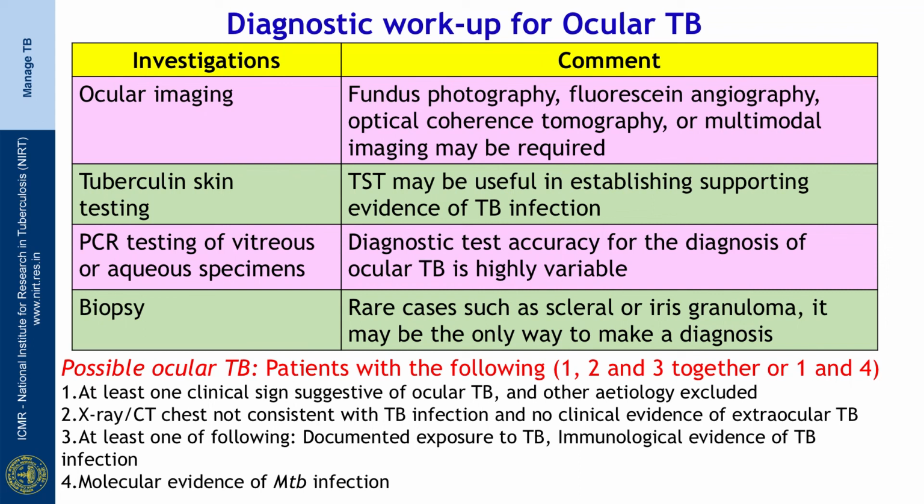If all the 3 are there, we can label the patient as possible ocular TB, or if we have the first one and the fourth, molecular evidence of MTB infection, that is 1 and 4, then also the patient can be labeled as possible ocular tuberculosis.